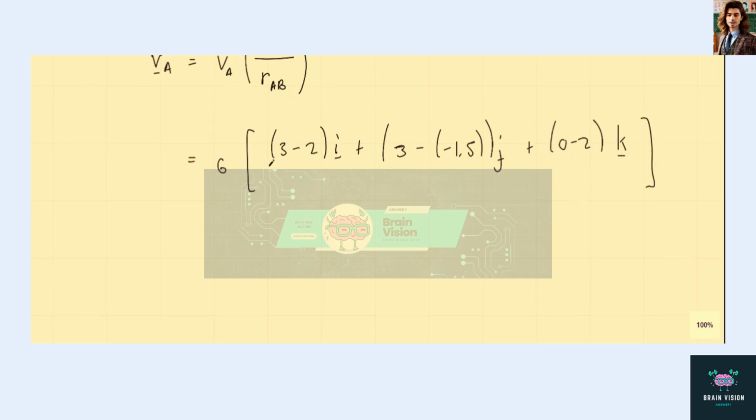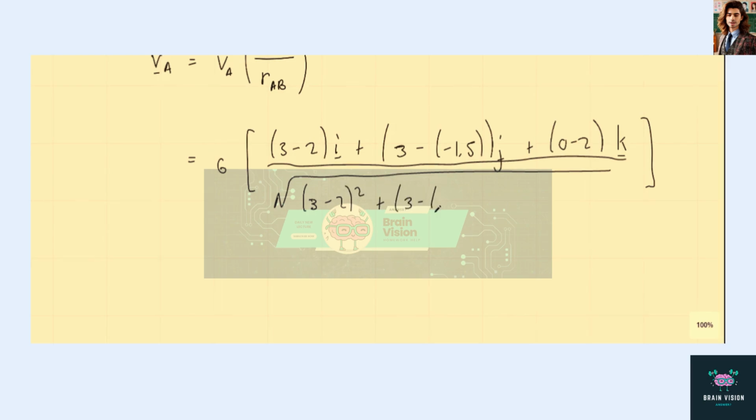And all of this is divided by the magnitude of this vector, which is the square root of 3 minus 2 all squared plus 3 minus 1.5 all squared plus 0 minus 2 all squared.